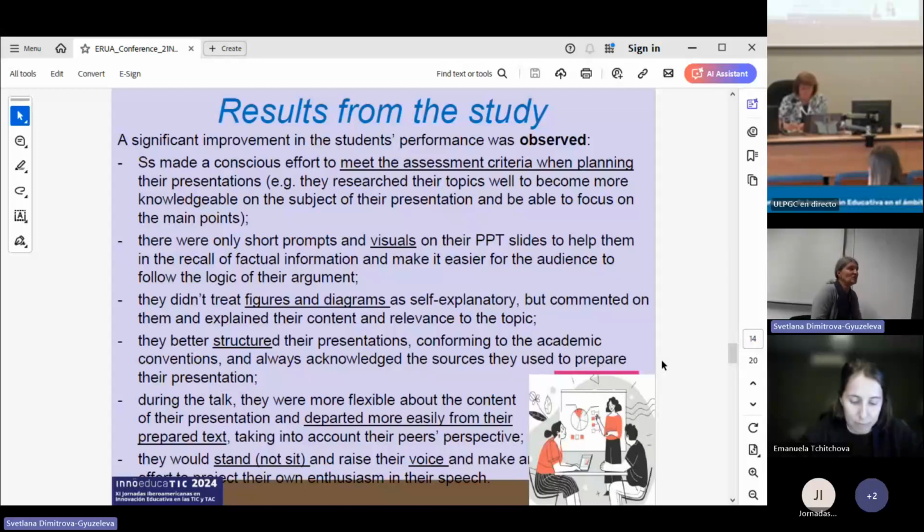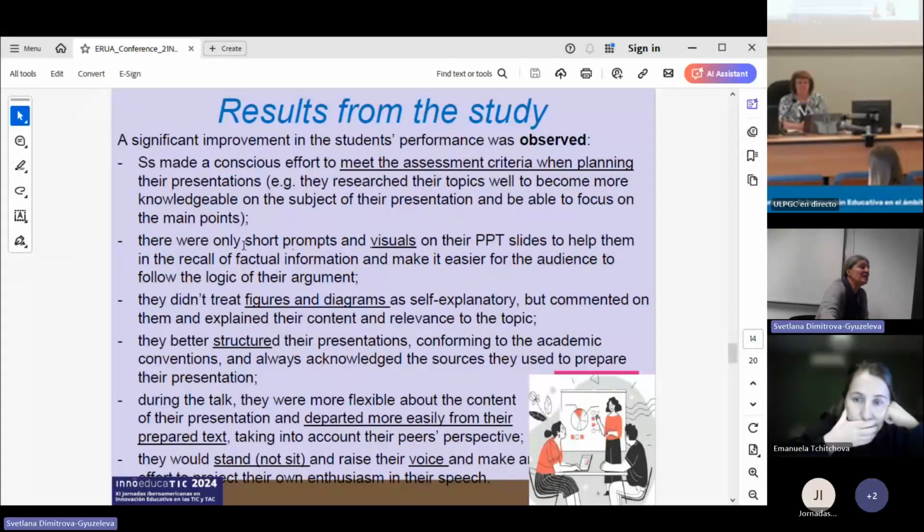Observations show that the adoption of this ecological approach made the students much more consciously try to meet the assessment criteria when planning. That is, at the planning stage, they became better planners of their oral presentations. They made proper use of visual aids. There were just prompts and facts which would help the audience keep track of what they were saying.